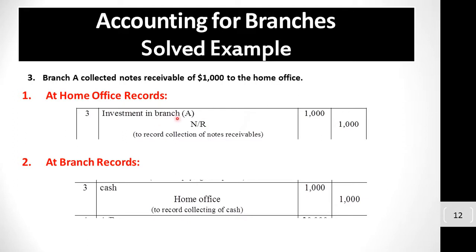So investment in branch A will appear in the debit side by 1,000, and notes receivable will appear in the credit side. This is at home office. At branch, what happened? The branch collected cash, so its cash will increase, but it collected this cash for the benefit of the home office. So home office will be in the credit side.